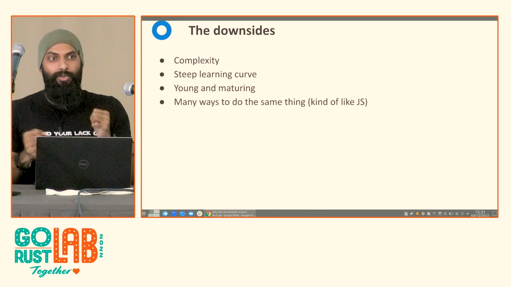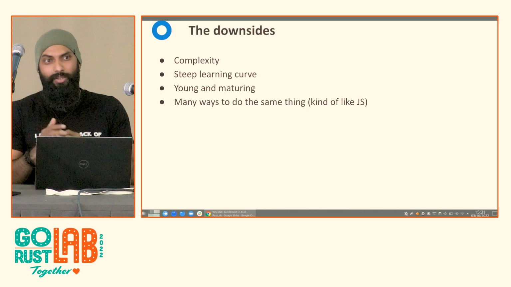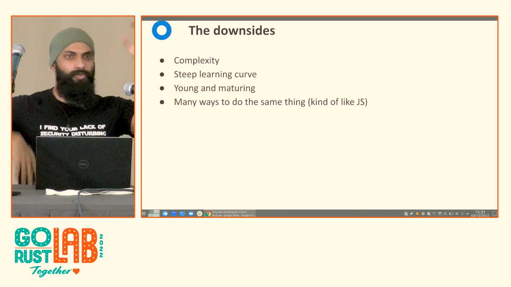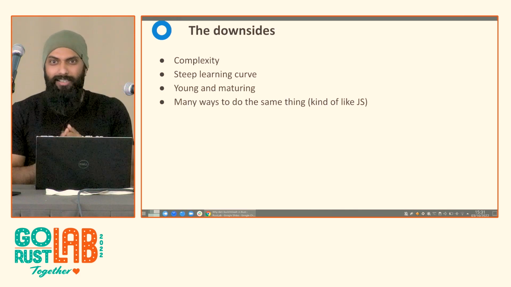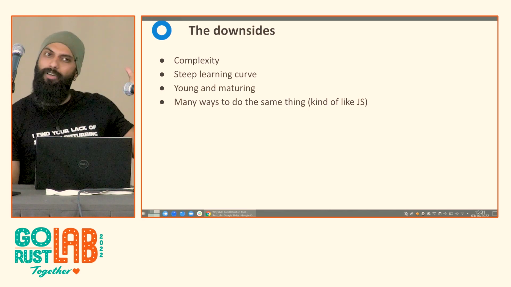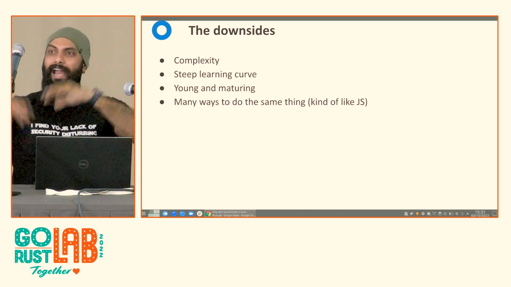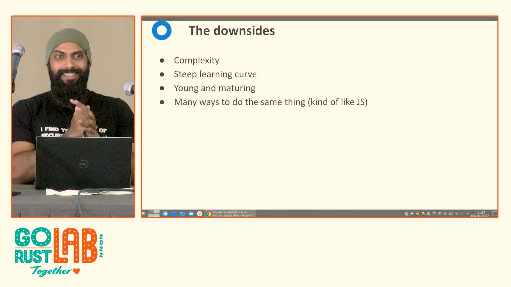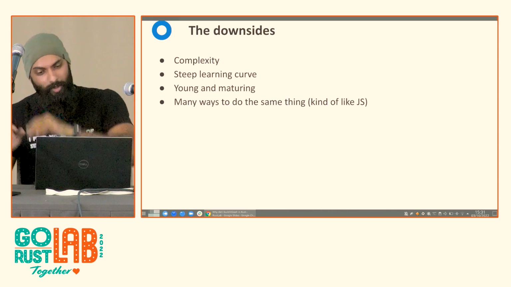You don't have to know everything about the language to understand. You just need to know the basics. I think Scala had that problem of too many ways to do the thing, and every code base looks like a different language, like C++ or whatever. I think Rust also has a little bit of that problem. I hope it doesn't go too much towards that, adding even more ways to do the same things. I think we already have enough ways to do things, so it would be good to just be at this level and not go overboard.